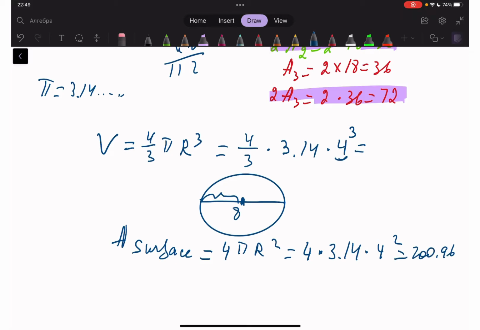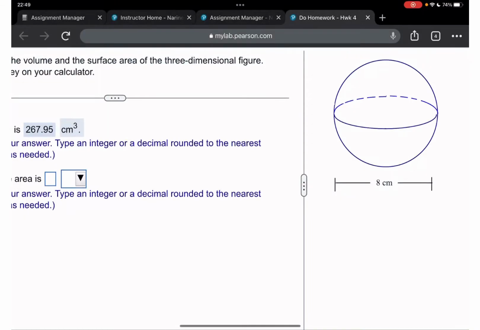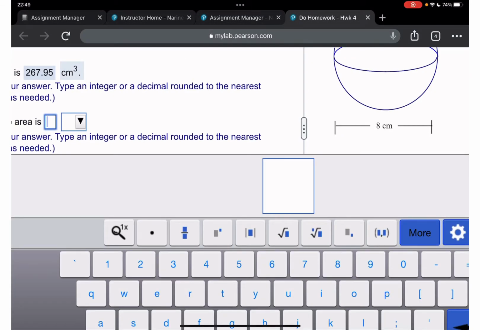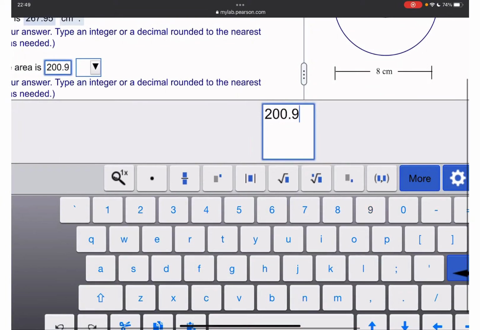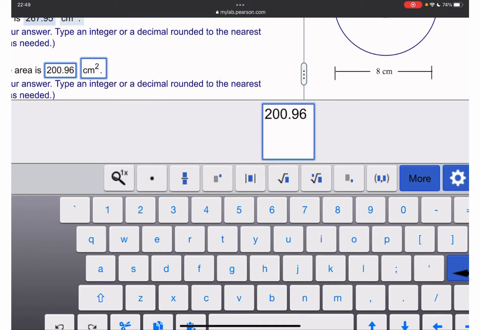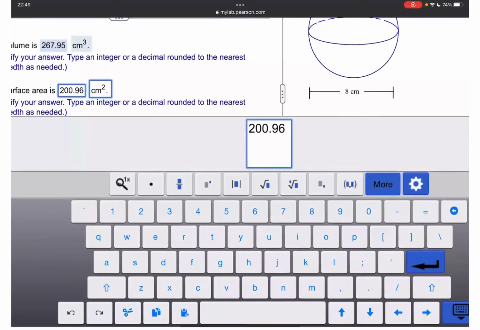Okay, let's go back and enter the data, see how much we get. 200.96, and it's going to be centimeter squared, because we are using r squared, so centimeter squared.